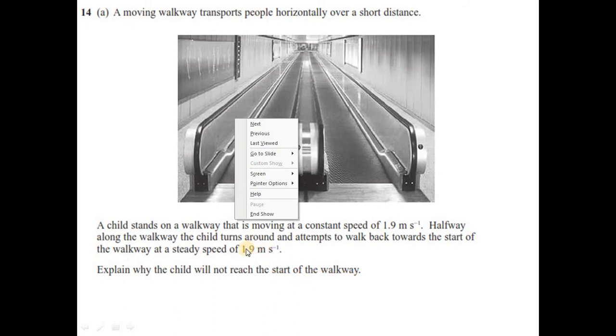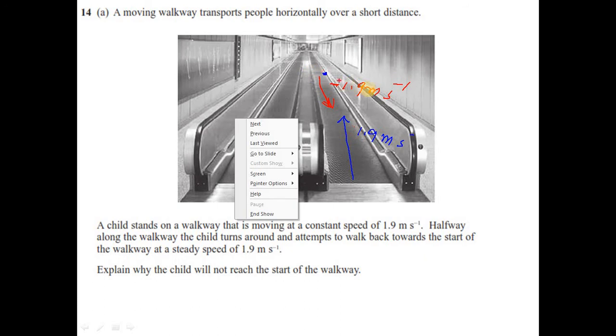If you see, the walkway is going in that direction with a speed of 1.9 meters per second, and halfway along, the child starts walking in the opposite direction. So the velocity you can say is minus 1.9 meters per second.